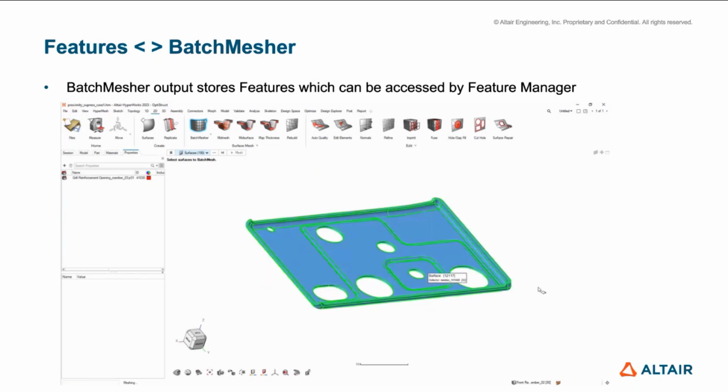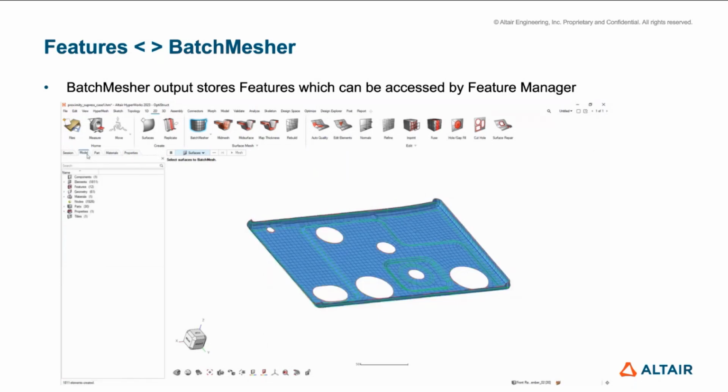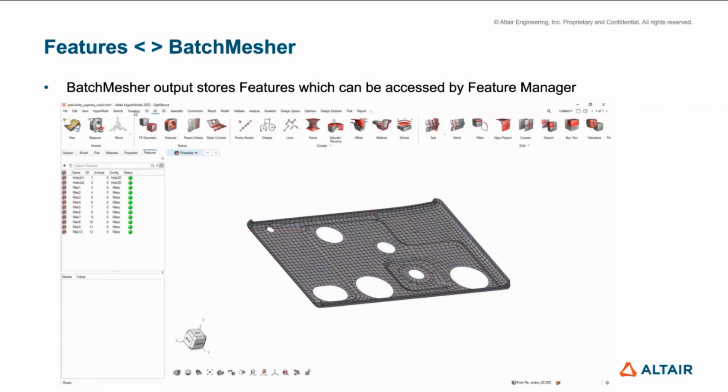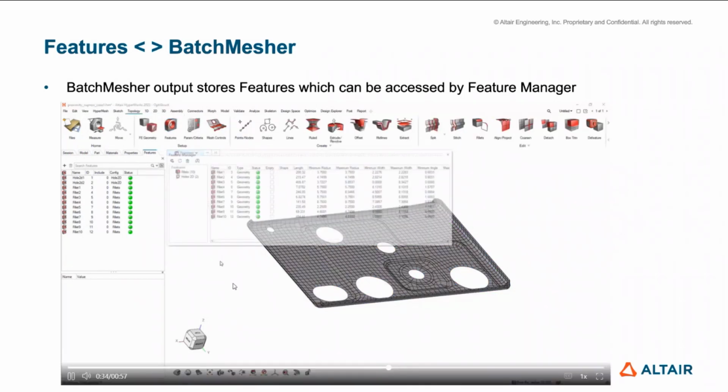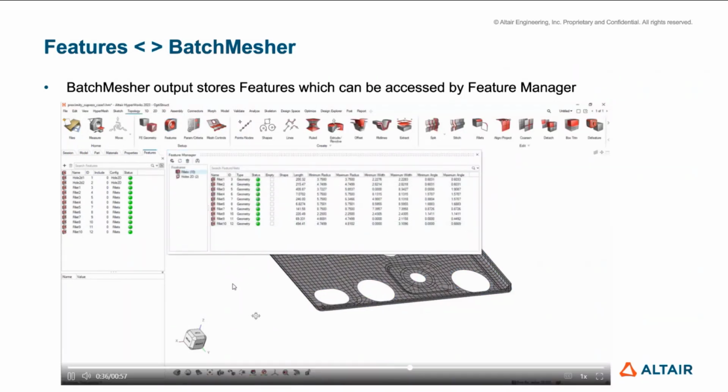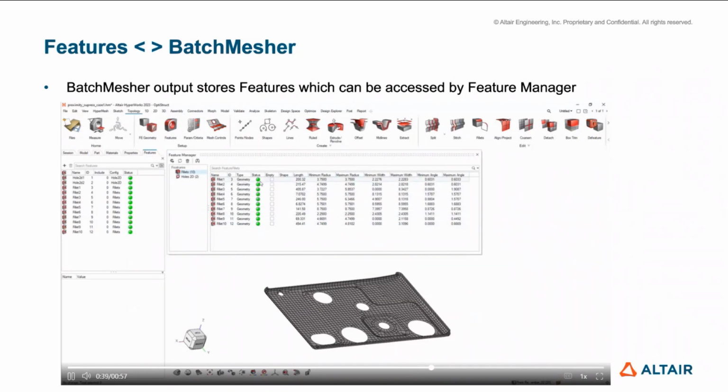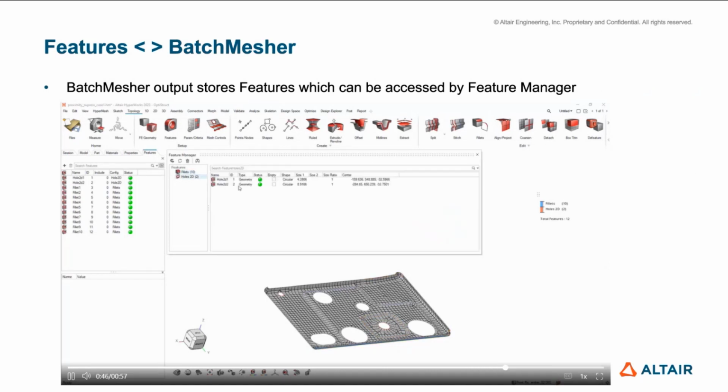You can see an example here where I'm launching a batch mesher, and once the batch meshing is complete for this particular part, it creates all the features that it recognized by default. This is key to make sure that all of these features can be used in mesh controls going forward.